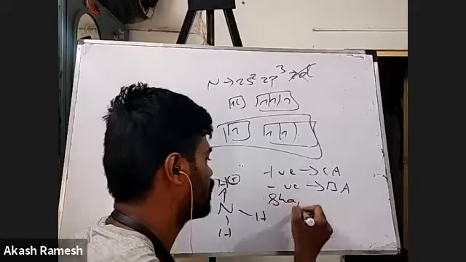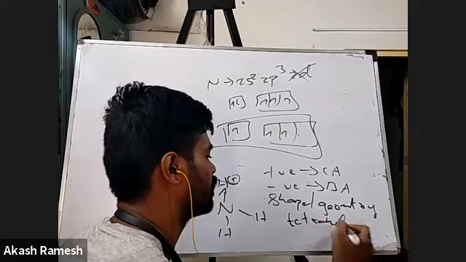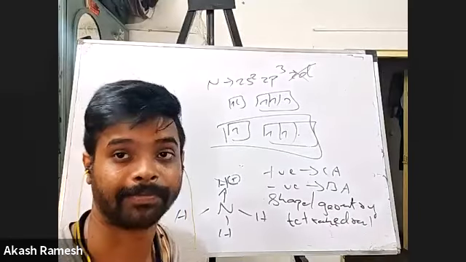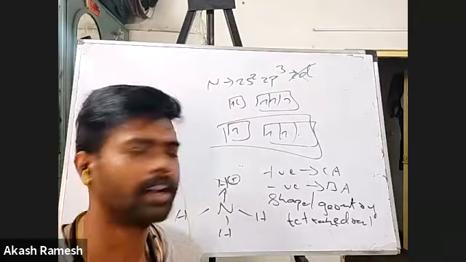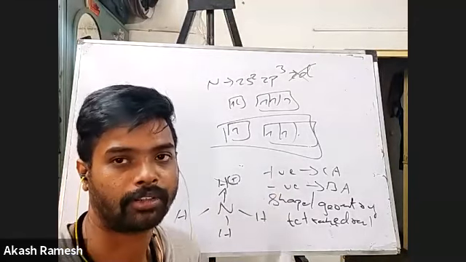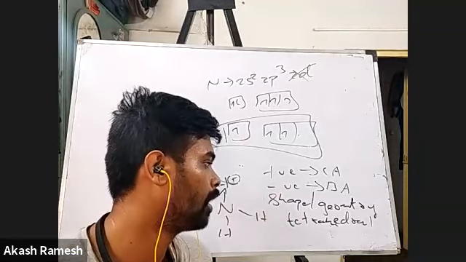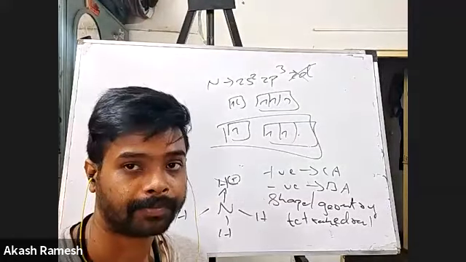Tetrahedral. Exactly. So here both the shape and the geometry are going to be tetrahedral because there is no lone pair, at least according to your theory of hybridization. Even in reality, I don't have a lone pair. It's actually in the form of a coordinate bond. So the shape and the geometry both are tetrahedral.